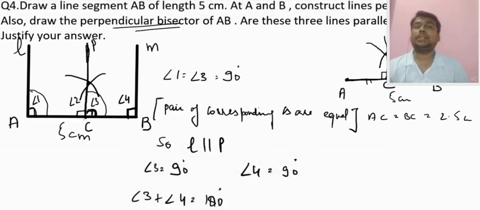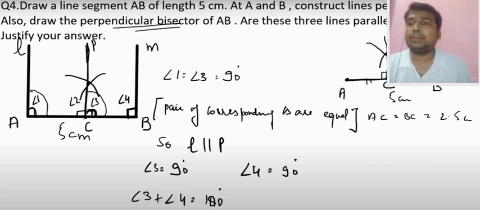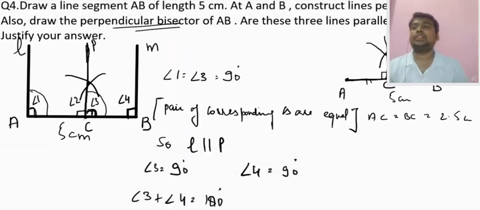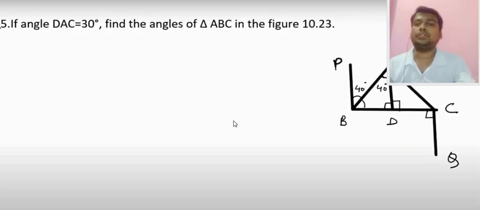But what type of angles are they? They are a pair of co-interior angles, and a pair of co-interior angles is supplementary. That means the lines are parallel. So we can see LA is parallel to PC and PC is parallel to MB, therefore they are parallel to each other. Okay, next question we will see now.